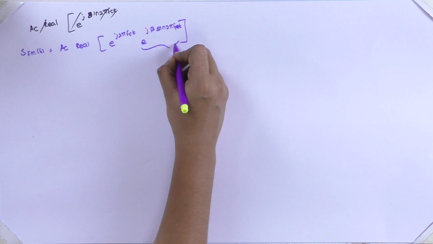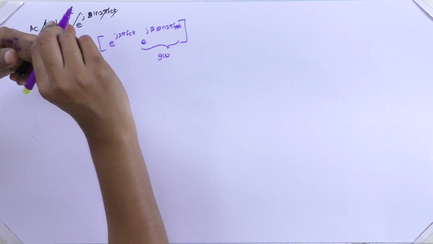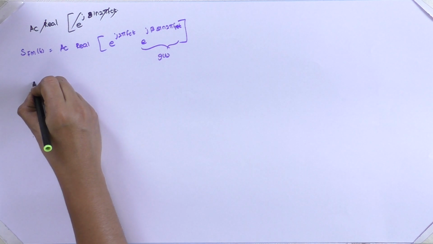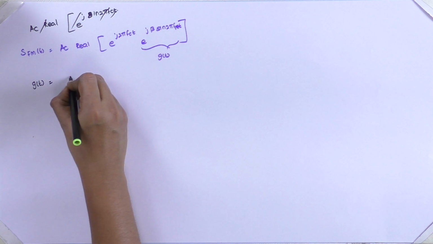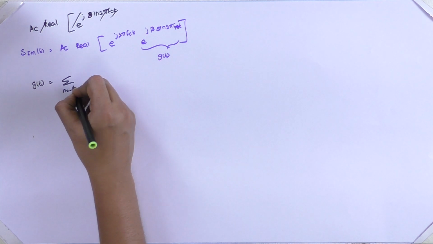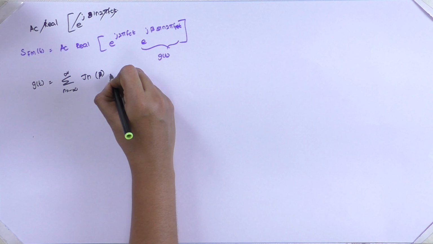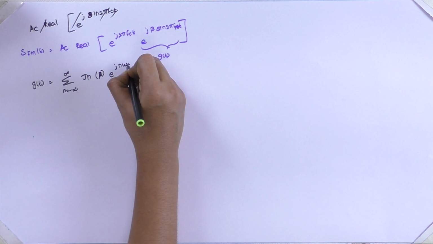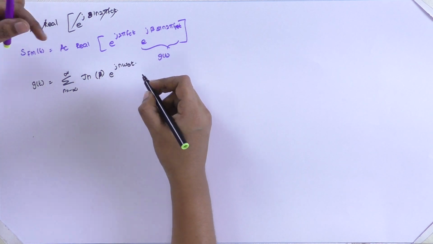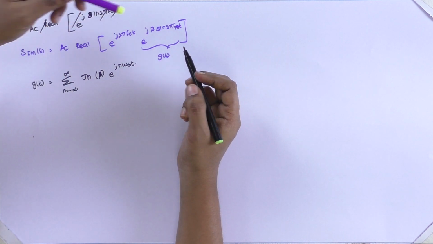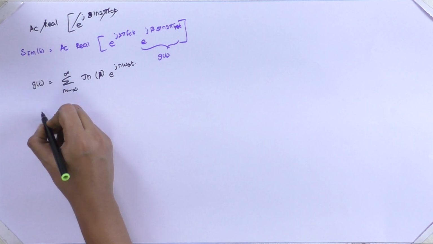So this is our g of t. Just now we have calculated g of t is equal to summation over n is equal to minus infinity to plus infinity Jn of beta e power j n omega naught t. Therefore, we are going to replace this term instead of e power j beta sin 2 pi fmt.